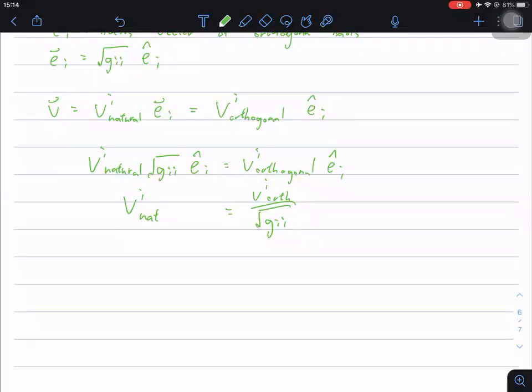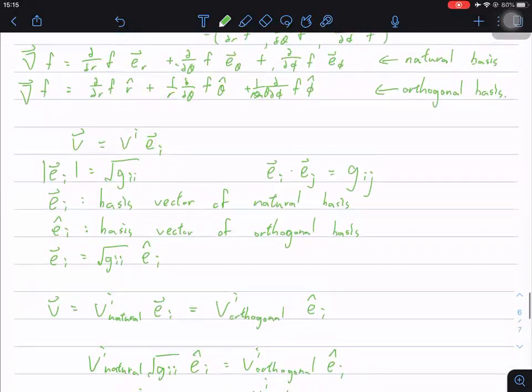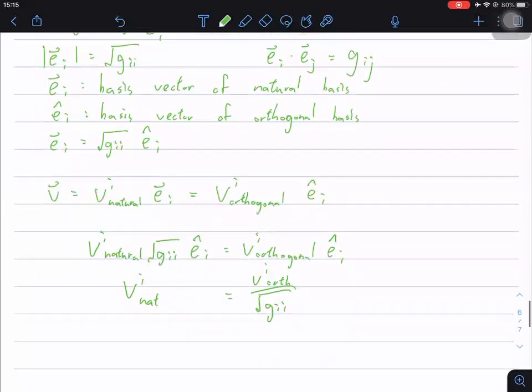Okay. So in order to convert everything back to the orthogonal basis, we have to divide everything by 1 over the square root of Gii.